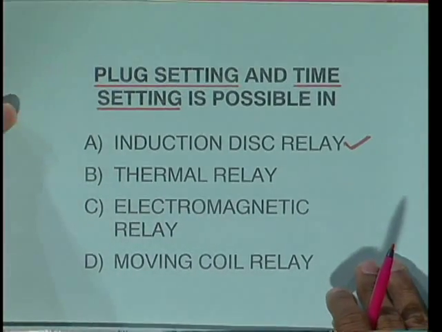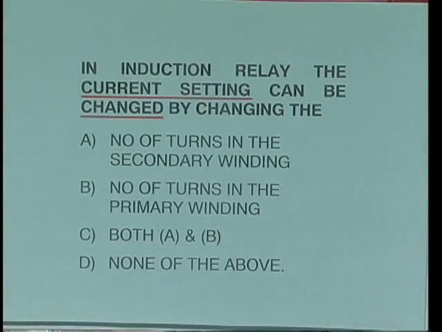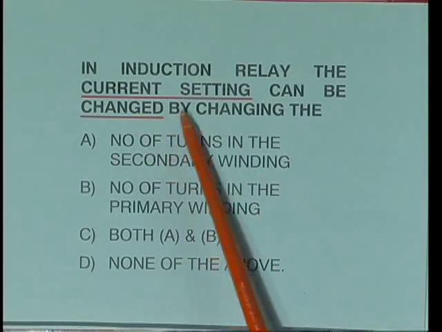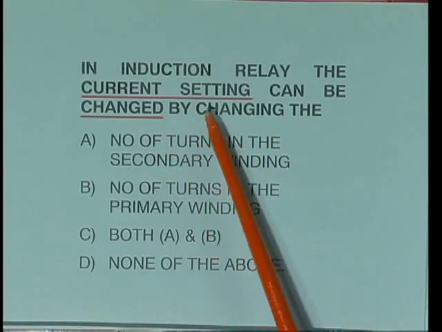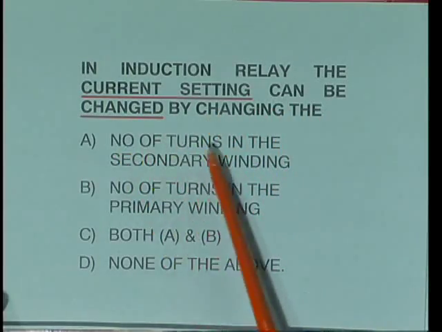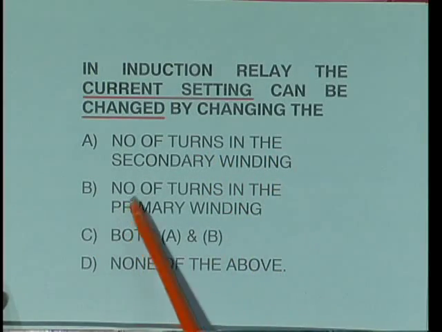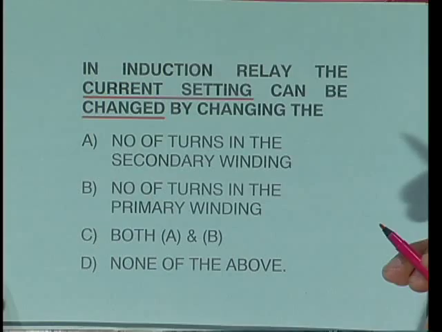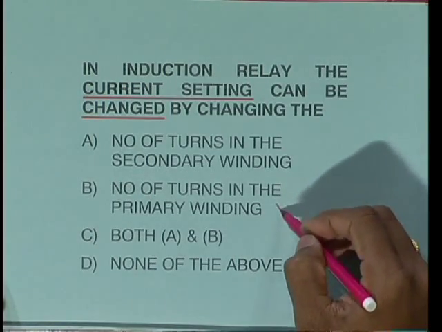And next objective question is, in induction relay the current setting can be changed by changing the number of turns in the secondary winding, the number of turns in the primary winding, both A and B, or none of the above. So the answer is number of turns in the primary winding.